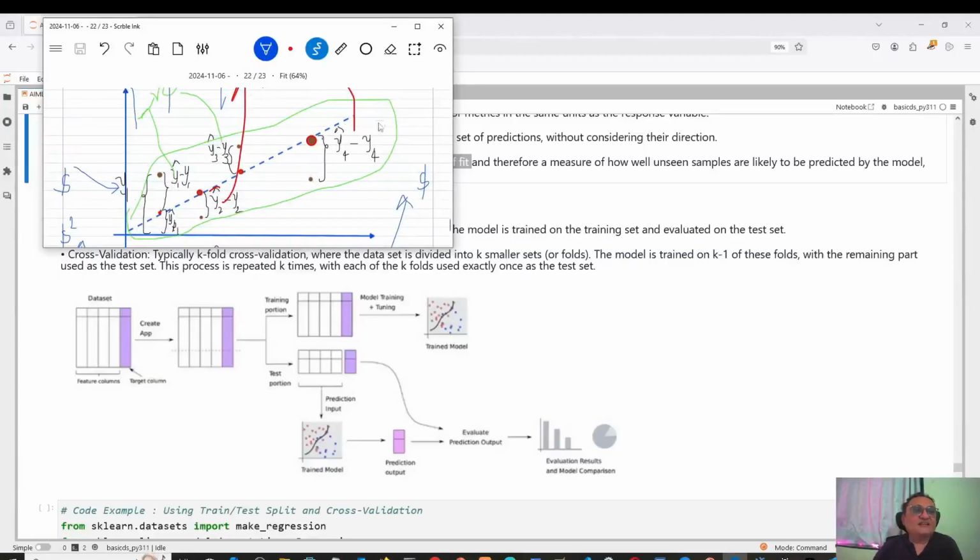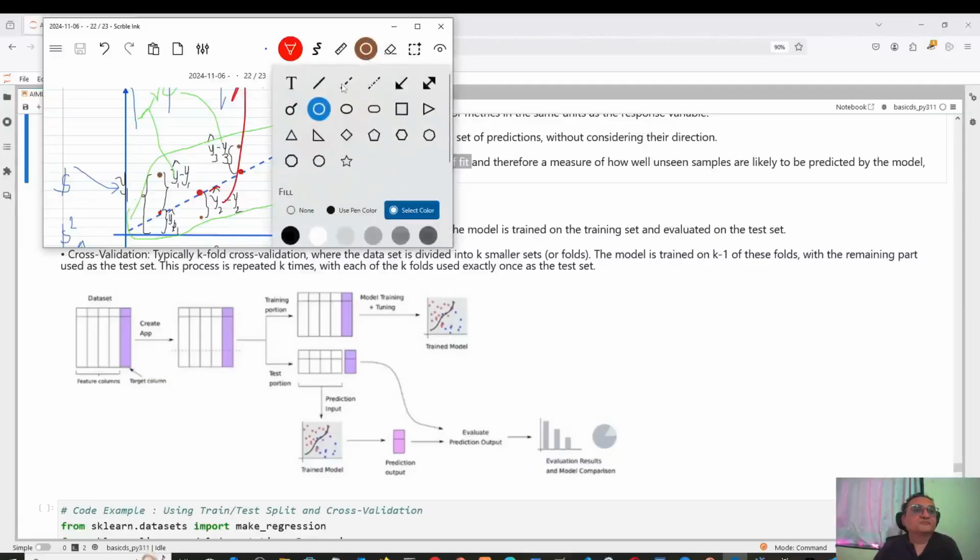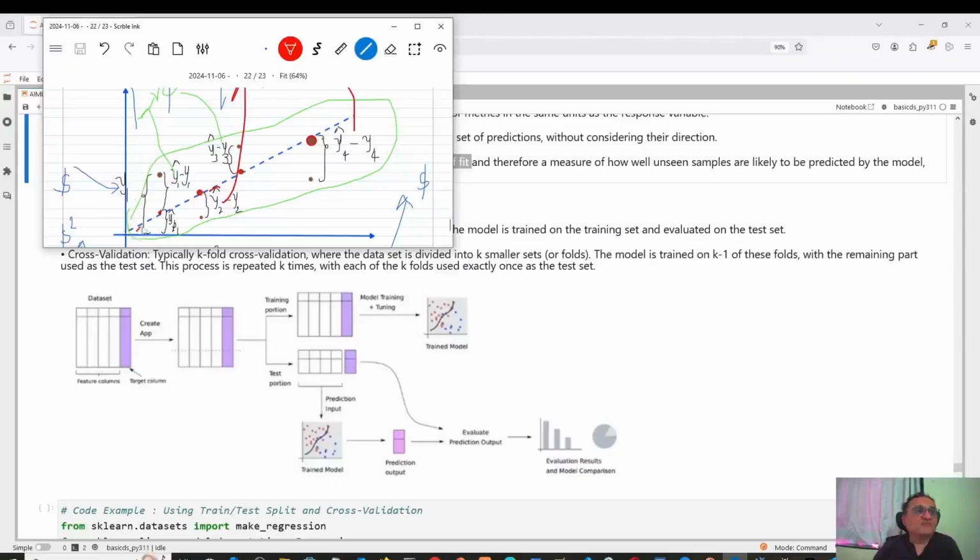Now one person has taken this green line, another person has taken this blue dotted line, and another person takes this red line, called the line of regression, or the line giving the predicted values. So now the question is, whose line is better?